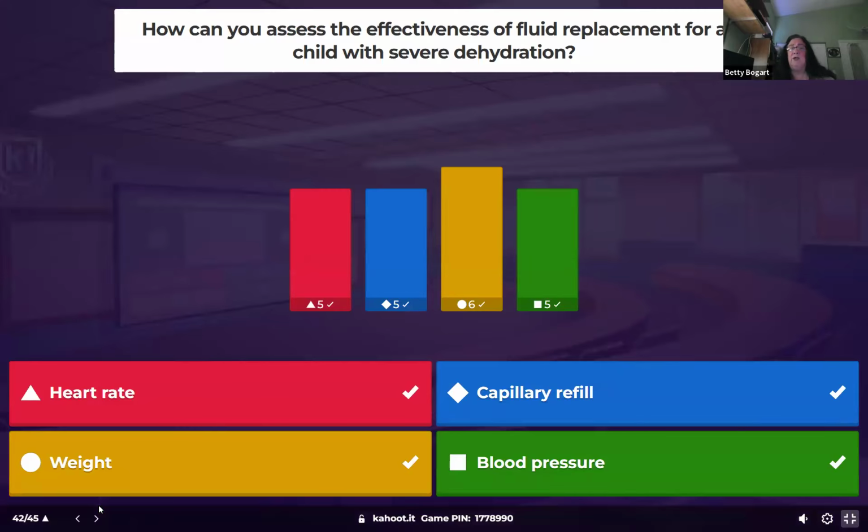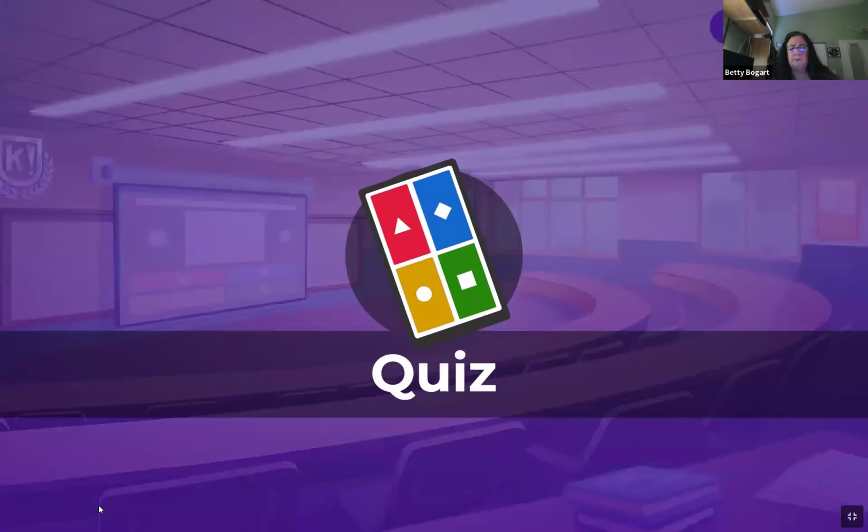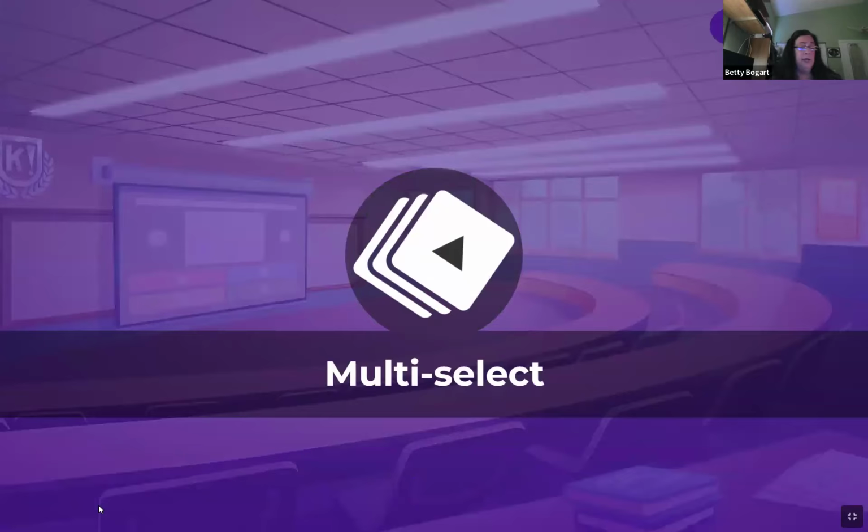Because what shows dehydration? Elevated heart rate, decreased blood pressure. Your weight is definitely going to tell you, are you gaining it from that loss of fluids, capillary refill, looking at the skin tenting, the level of consciousness, all of these things. Infants, you're going to see fontanelles not depressed. They're crying with tears. Their eyes aren't sunken. Again, it's so many things it could be. A multi.